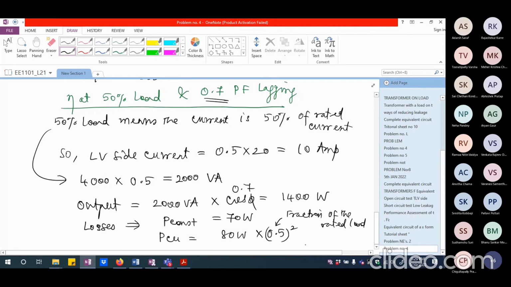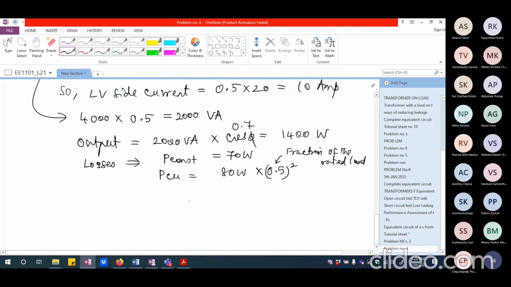So I square R, when I calculate, it will automatically become X square times whatever is the original value of losses. So 80 watts divided by 4, because 0.5 square is 0.25, so I will get 20 watts. The copper losses at this point will be 20 watts.